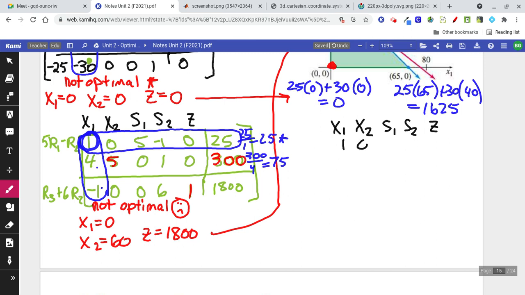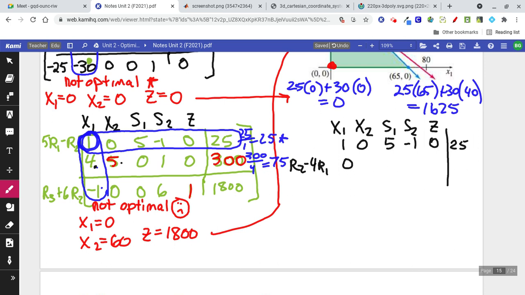I don't need to do anything with that. But I need to zero out this 4 using the 1. And so your rule looks like we can do row 2 minus 4 row 1s. That should do it. 4 minus 4 is 0.